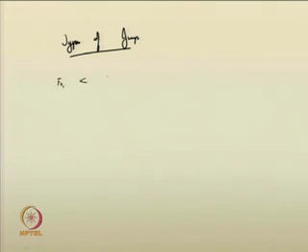Usually in designs, jumps in the range 2.5 less than FR1 less than 4.5 are oscillatory jumps. It is better to avoid oscillatory jumps for design purposes, because they always have some oscillations; they are not at all steady, and you will not get steady flow situations in those cases.